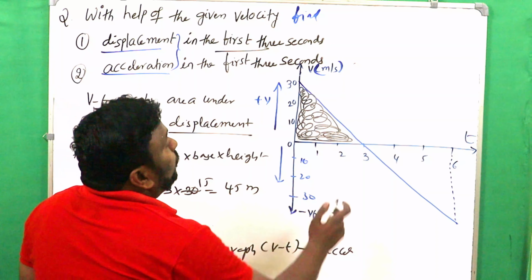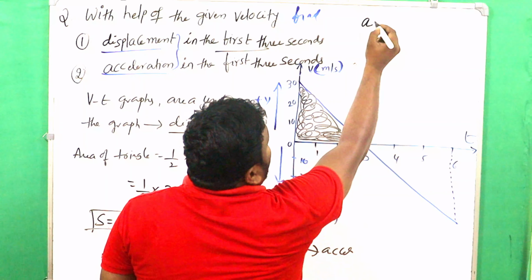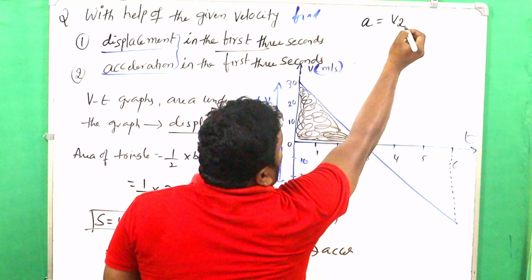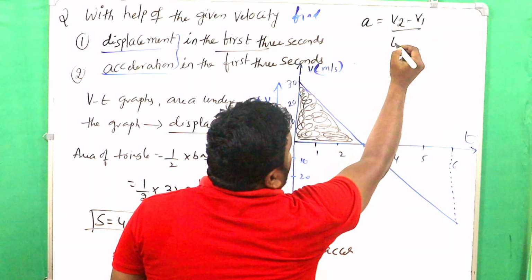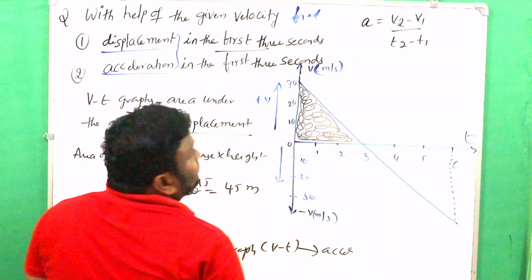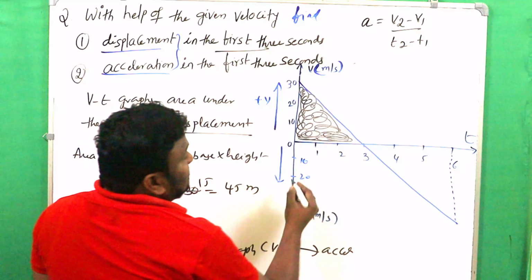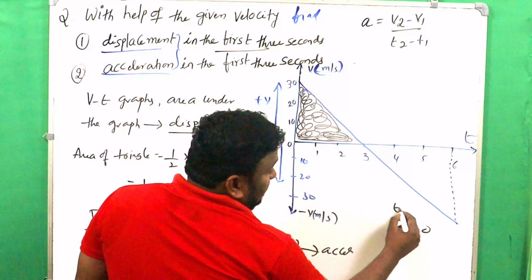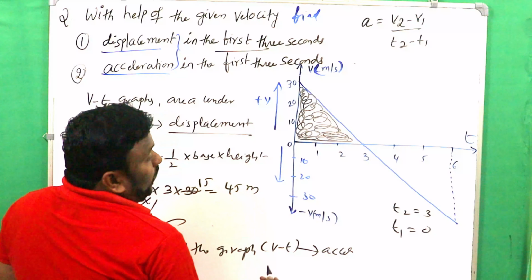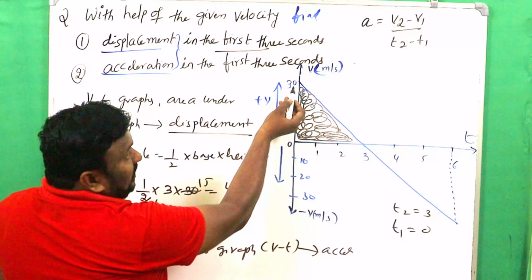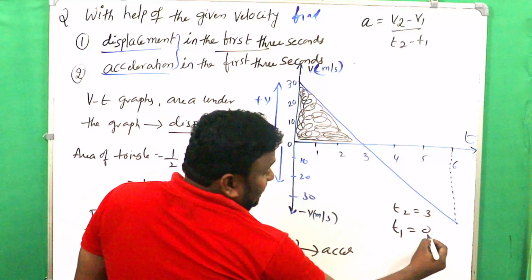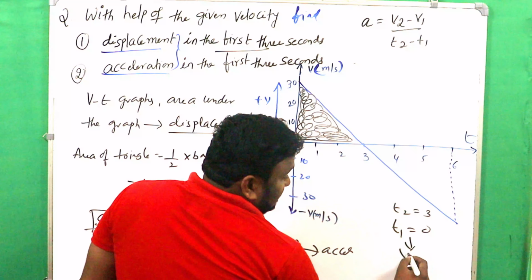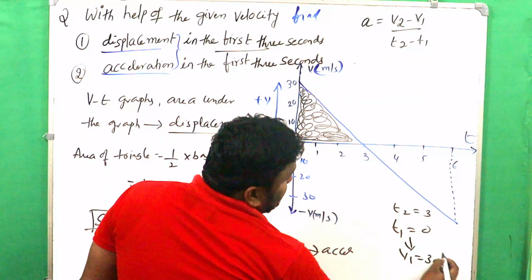So what is the formula here? Slope formula: a equals v2 minus v1 by t2 minus t1. Clear? What is t1 here? t1 is 0 seconds and t2 is 3 seconds. Obviously when t1 is 0, the velocity is 30 meters per second.